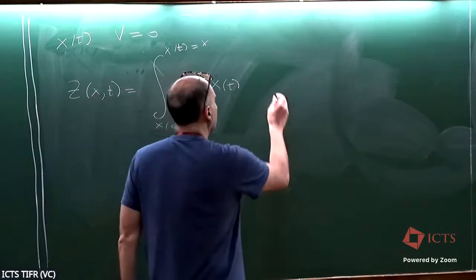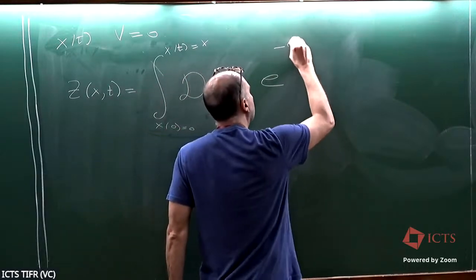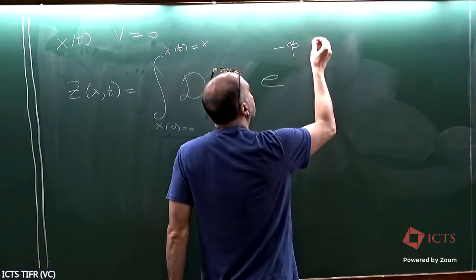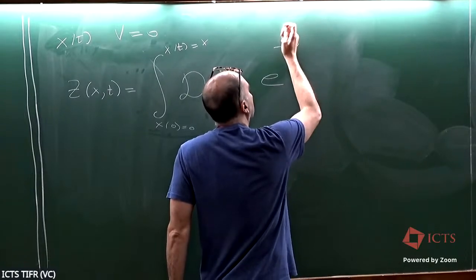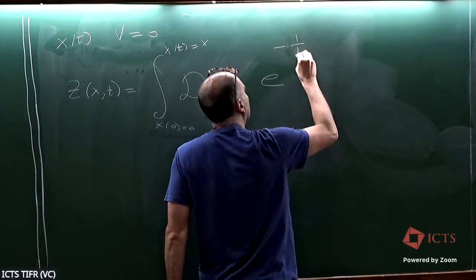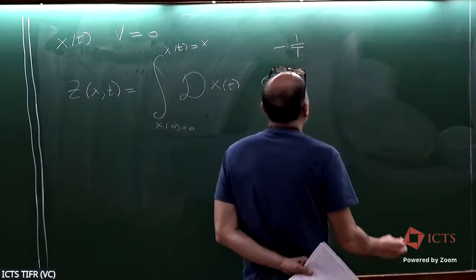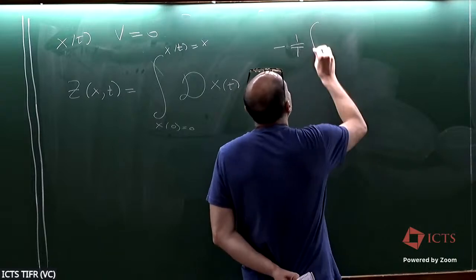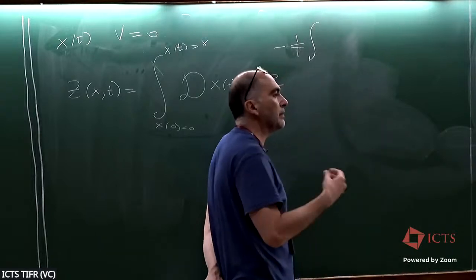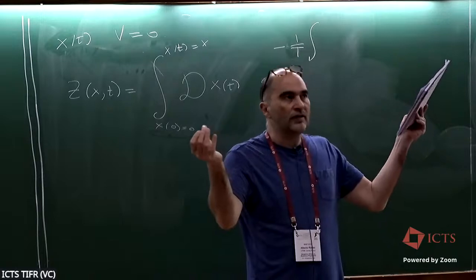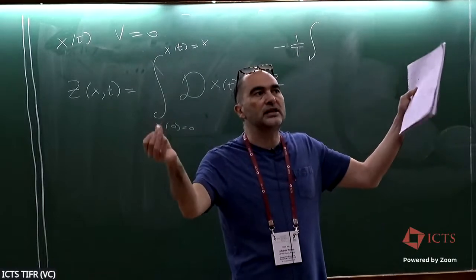And now we have exponential of minus beta. Let me say that beta is 1/T, where capital T is the temperature, and now we want to use the probability distribution of having a trajectory x of t.